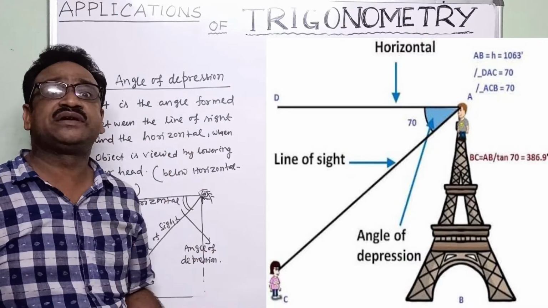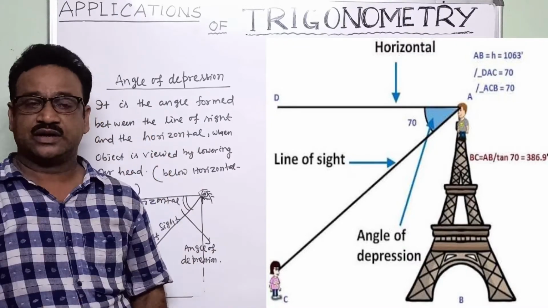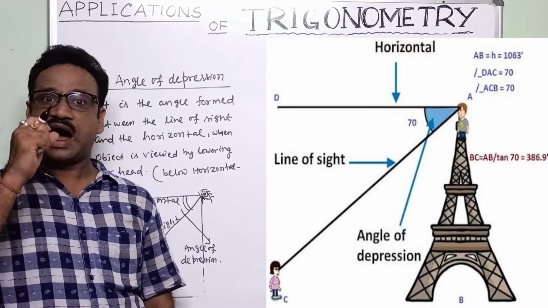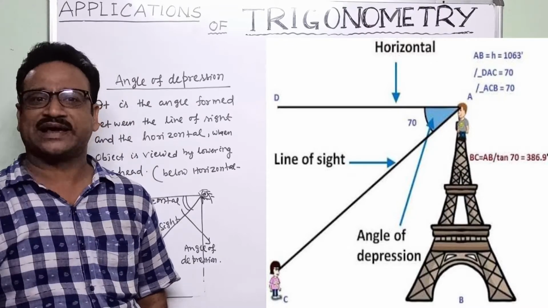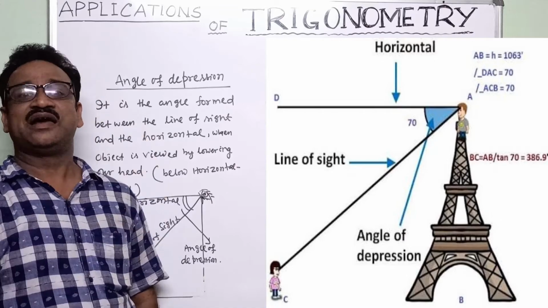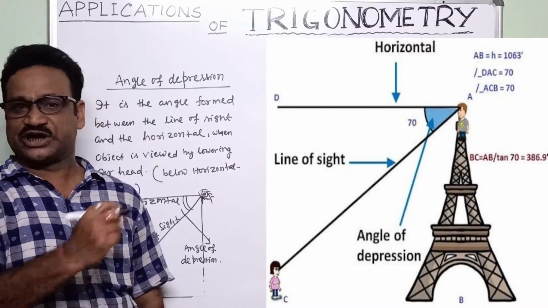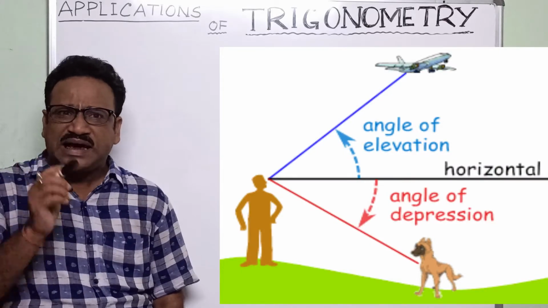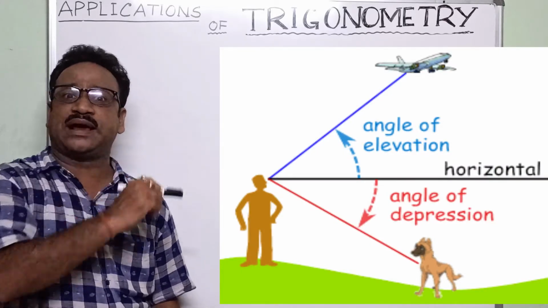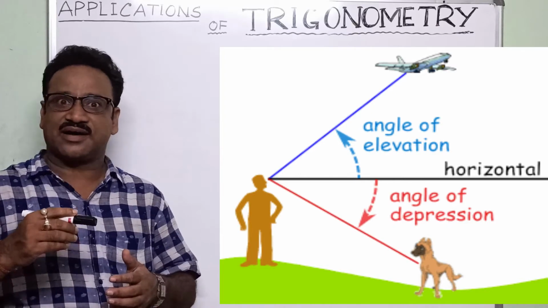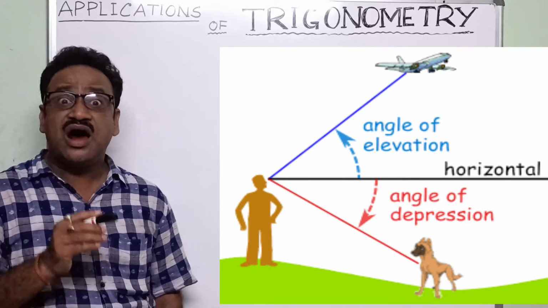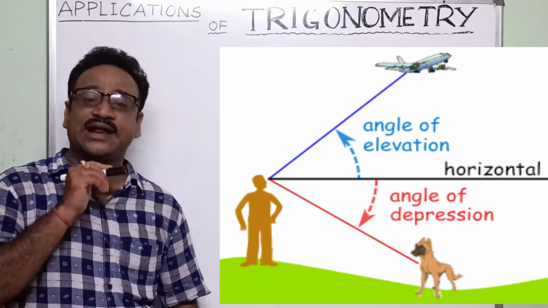So we'll keep it in mind to solve the problems related to height and distance, or we can say the practical applications of trigonometry. Now look at this figure. Here the man is watching the aeroplane by raising the head, as well as watching the dog by lowering the head.